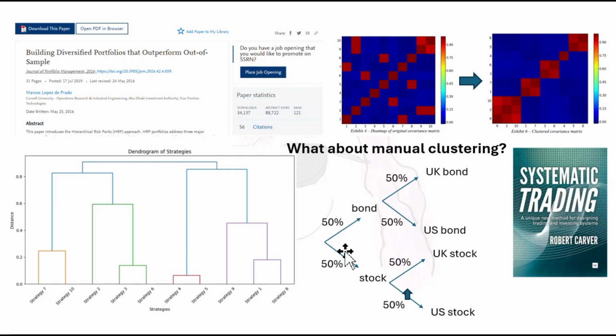So for instance, you can start with bonds and stocks. You give 50-50 to each of them, and then within bonds, you give 50-50 to UK and US bonds. Similarly for stocks, and so on and so forth. And you compare those two things.